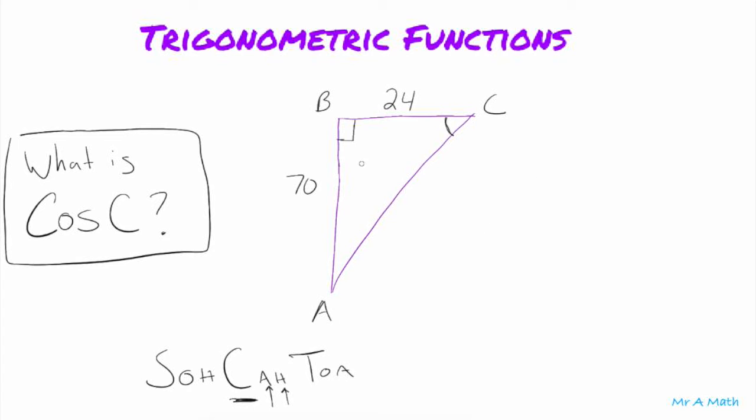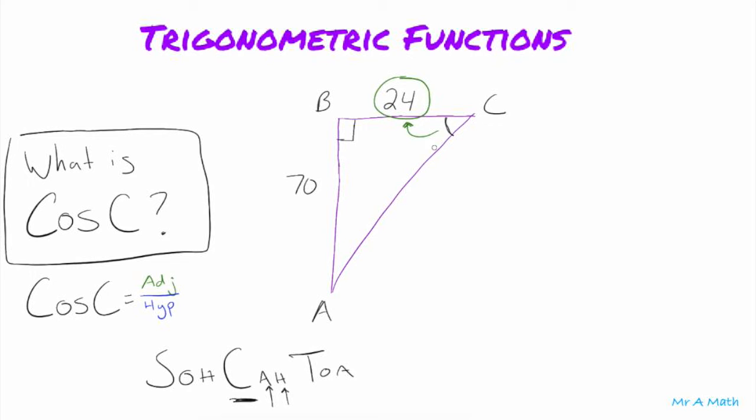So cosine of C is going to be equal to whatever my adjacent is over whatever my hypotenuse is. If you know what your adjacent is next to the angle you're looking at, adjacent is going to be 24.